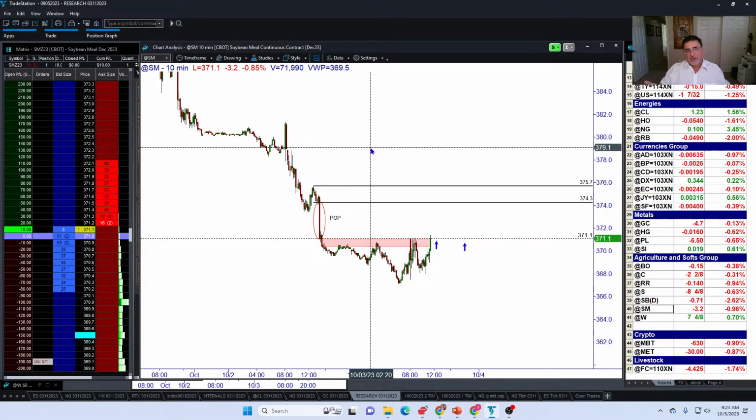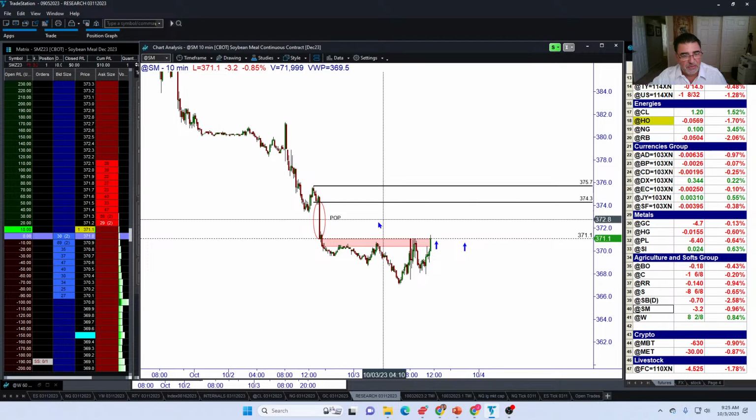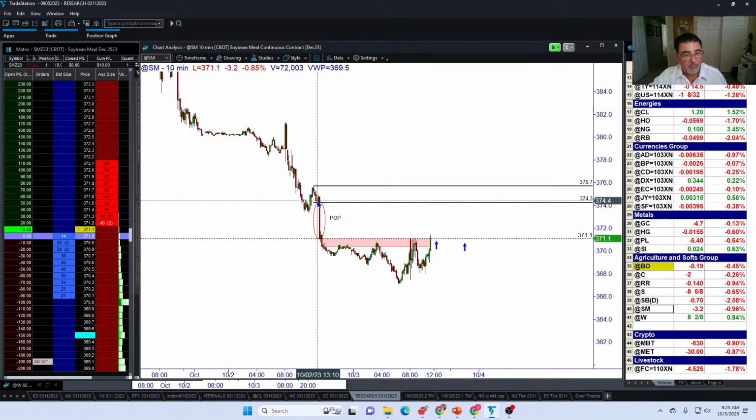Notice this picture though, when you look to the left, I have a circled area saying POP. POP stands for pocket of points. We got a light volume drop in price. With that light volume drop in price, there's no speed bump. The speed bump we can see is out a little bit further.